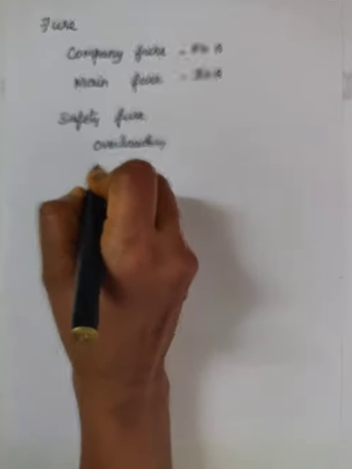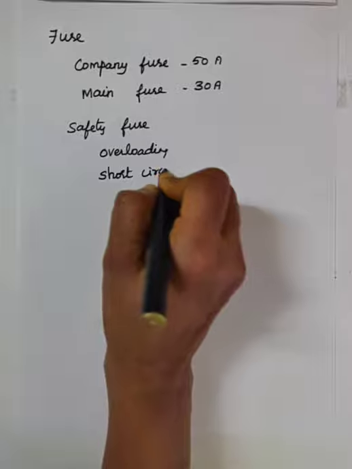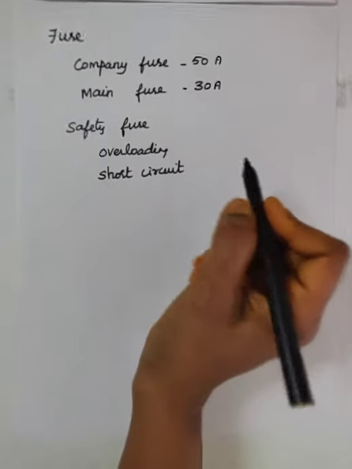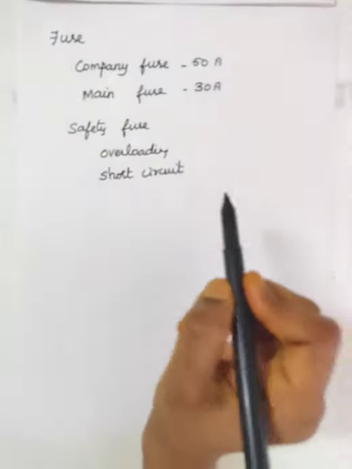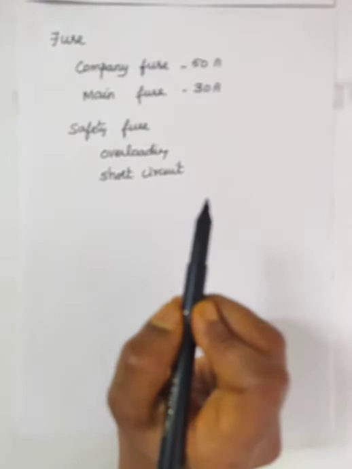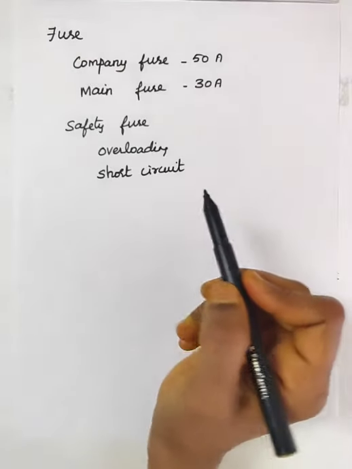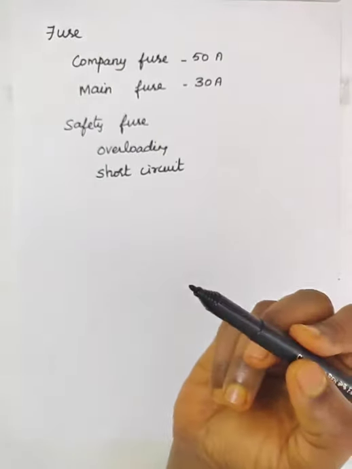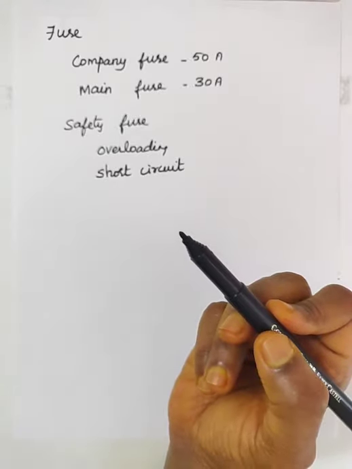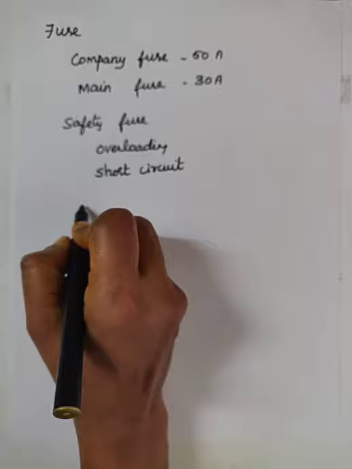The second one is due to short circuiting. Short circuit means when the live wire comes in direct contact with the neutral wire. This happens because of the removal of the insulation in the wiring. Normally the live wire, neutral wire and the earth wire all are covered with insulation. That insulation is provided with different colors.